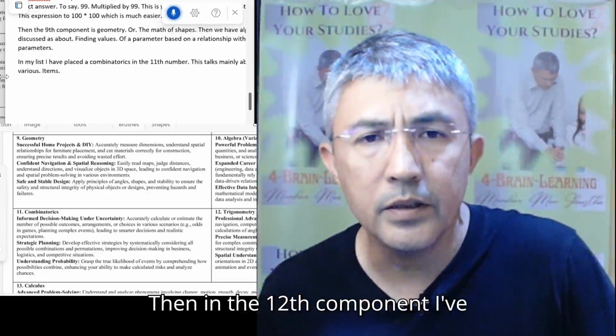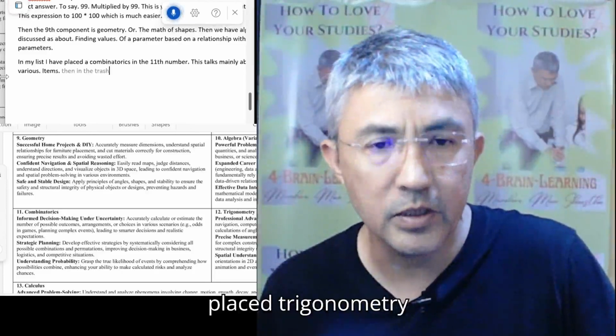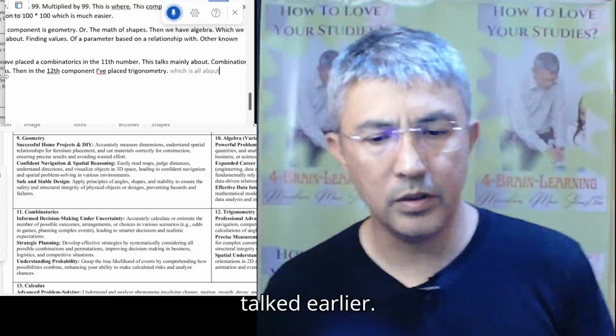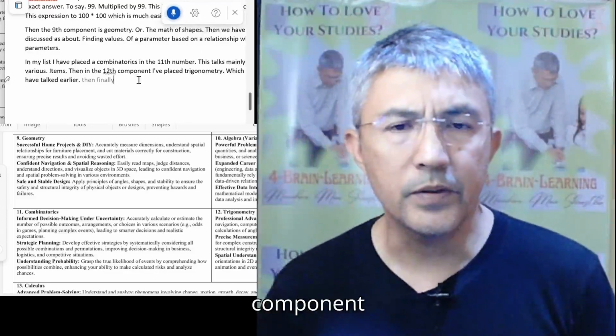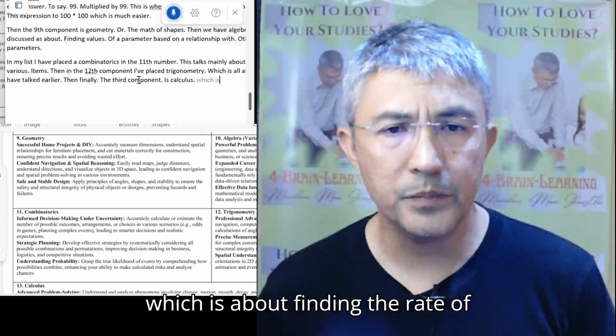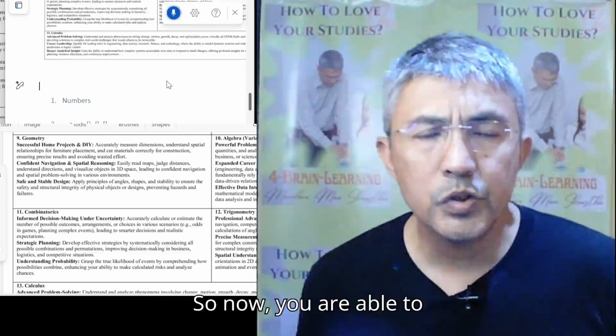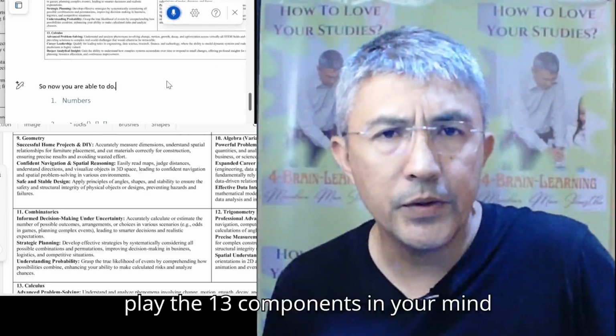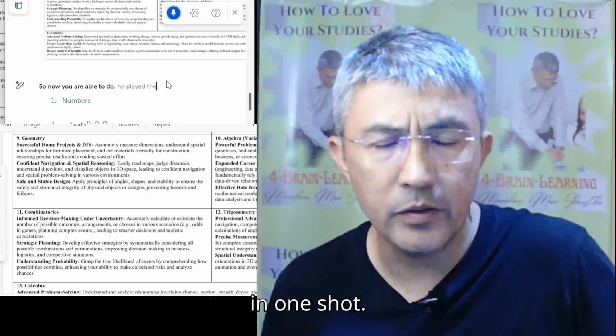Then in the 12th component, I've placed trigonometry, which is all about triangles, as we have talked earlier. Then finally, the 13th component is calculus, which is about finding the rate of change and area. So now you are able to play the 13 components in your mind in one shot.